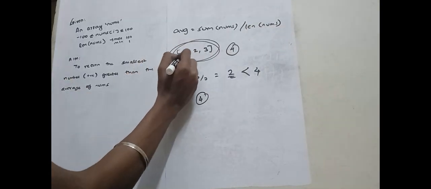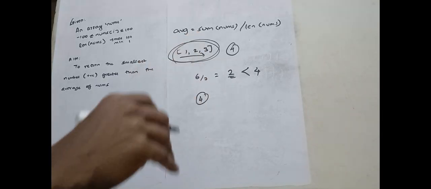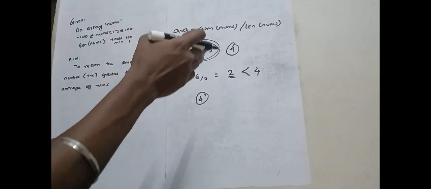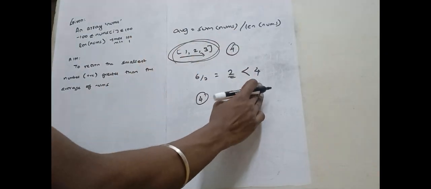And then you would run a basic for loop and check each and every time if that current element, let's say x, is in nums. If 1 is in nums, yes it is. If 2 is in nums, yes it is. If 3 is in nums, yes it is. If 4 is in nums, not there, so we'll return 4. That's the brute force approach.